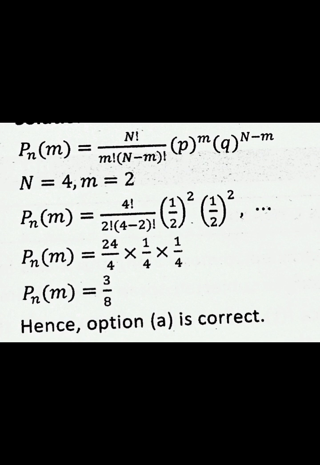Therefore, Pn of m is equal to 4 factorial divided by 2 factorial into (4 minus 2) the whole factorial into (1 by 2) the whole square into (1 by 2) the whole square. That is Pn of m is equal to 24 by 4 into 1 by 4 into 1 by 4, and this is equal to 3 by 8. So the answer is option A.